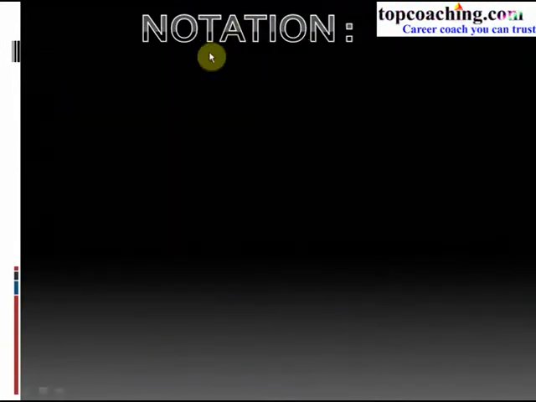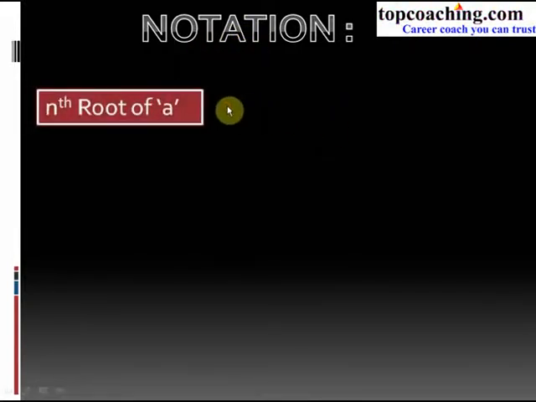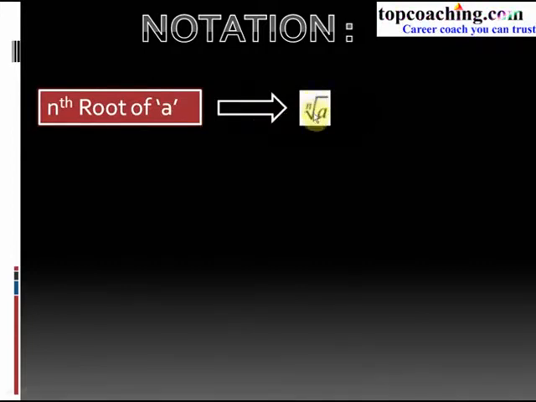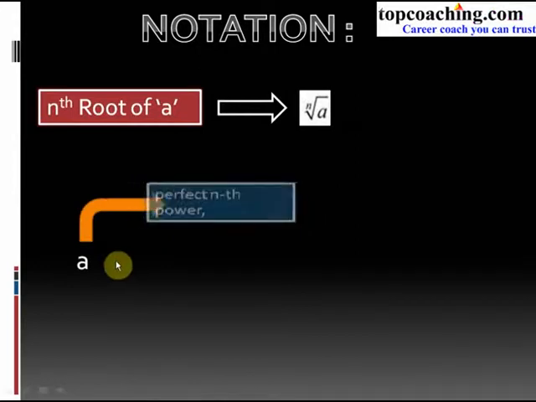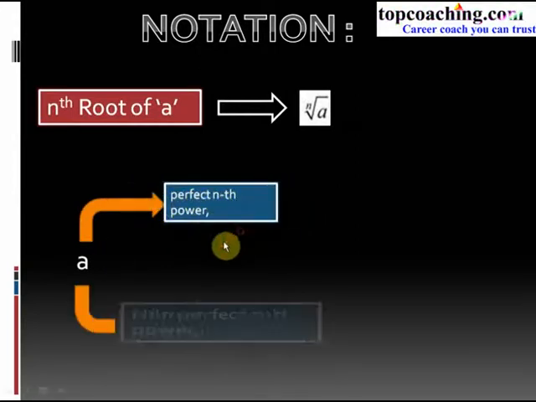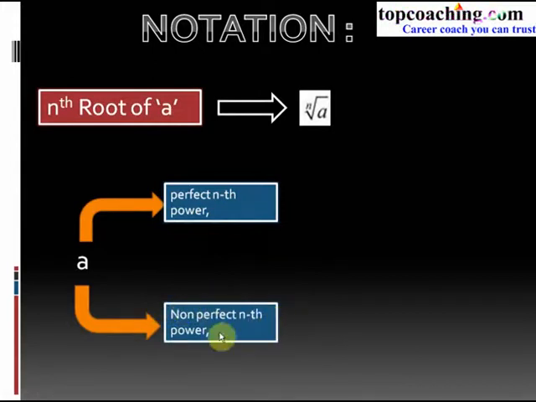Now let's see how we denote the nth root of any number a. The nth root of a is written as the nth root of a. This is an expression to denote that we are finding the nth root of the number a. Now there are two cases. Either a can be expressed as a perfect nth power, or a is a non-perfect nth power.